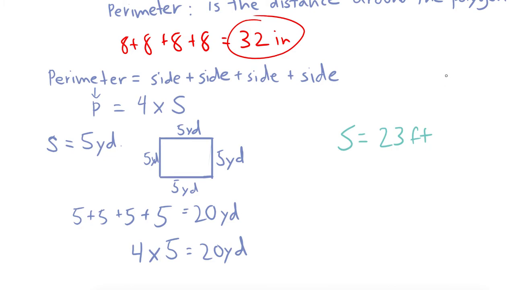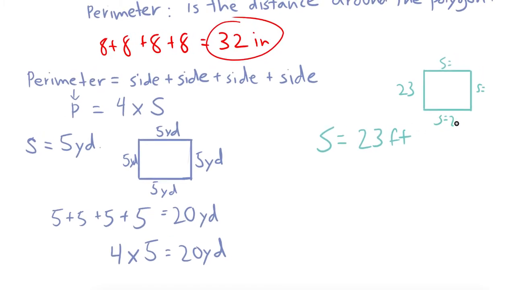Because if one side of the square is 23, I can assume that the other sides here also equal what? 23, okay? If I just know the length of one side, I already know the length of the other 3 sides.